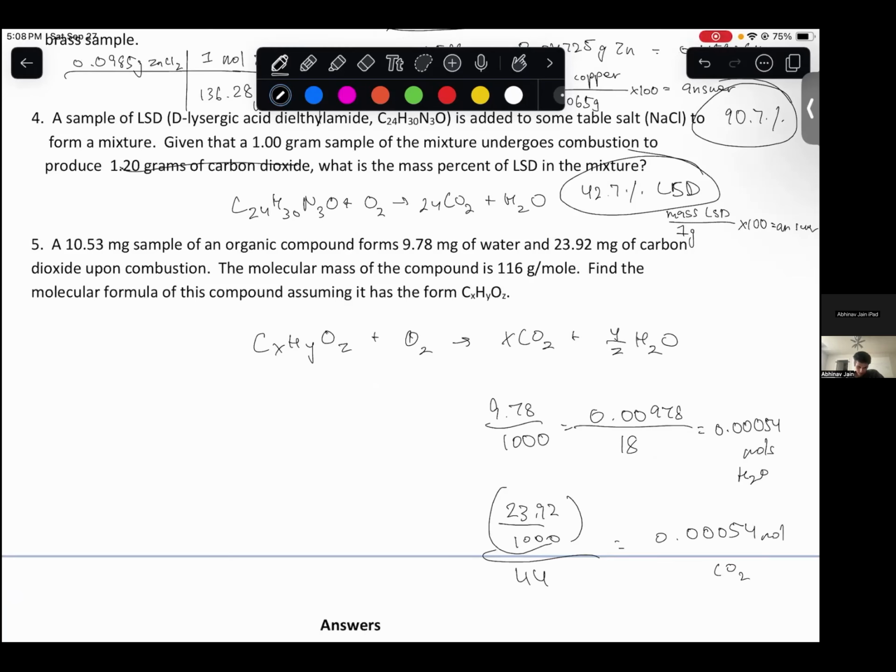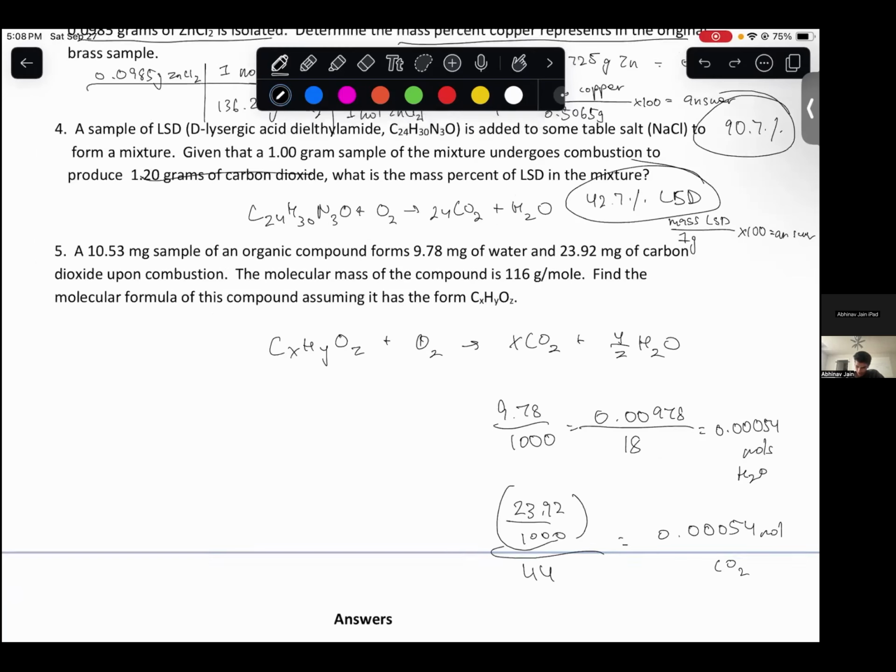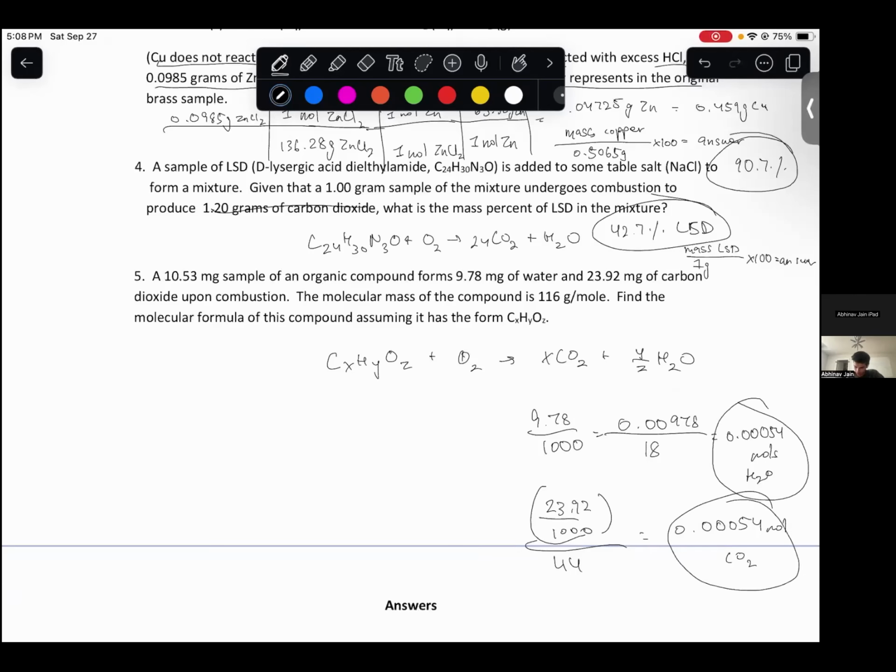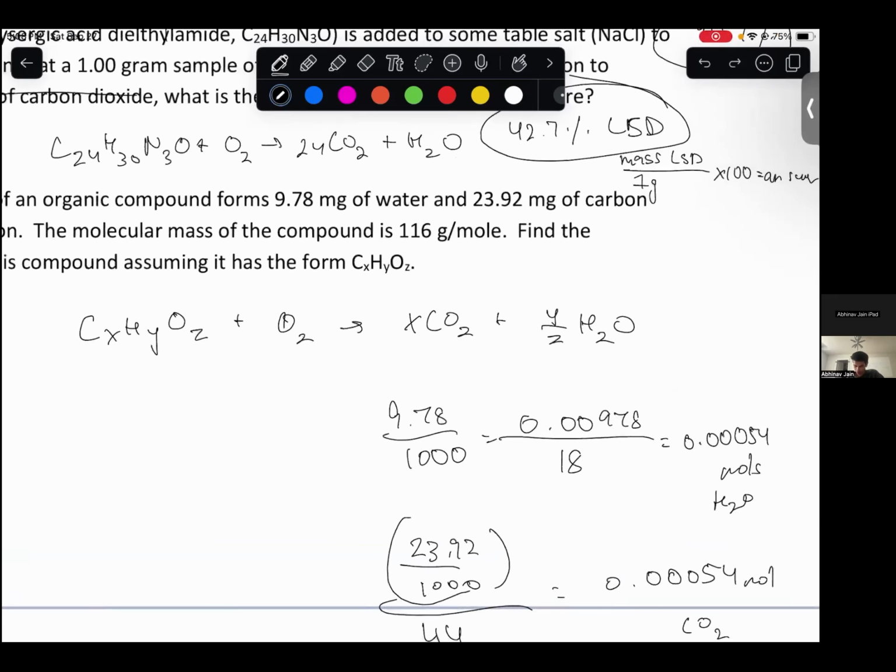So this is a 10.53 gram sample of an organic compound, and this much CO2 is produced, this much water is produced. We know that, sorry, this should be 1 to y over 2. It looks like a z. But we know that if this much water is produced, that means there's twice as many moles of hydrogen in the compound.